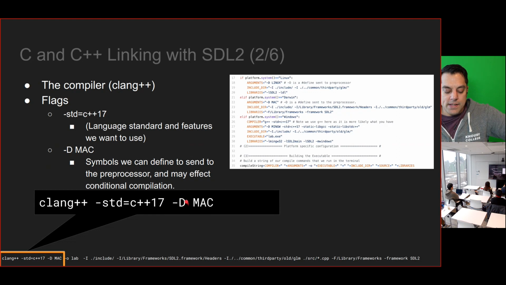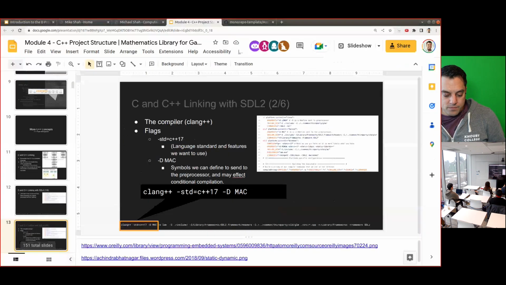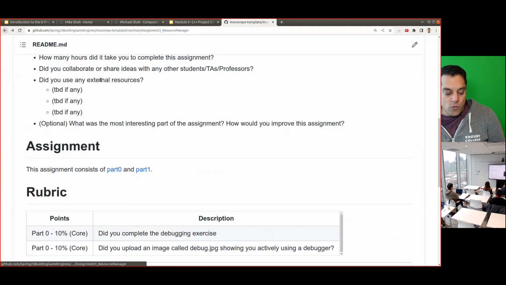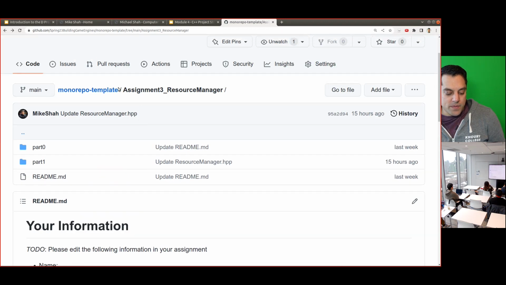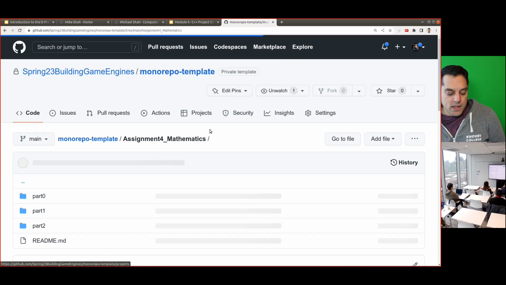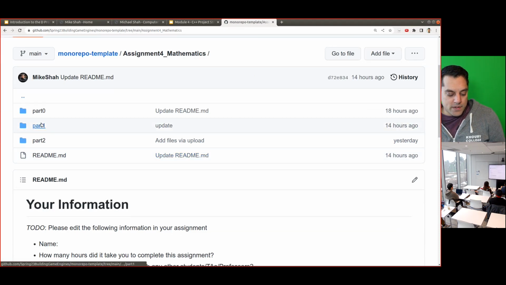And then the -D is a special define flag. I've defined this as Mac, Windows, or Linux. I'll actually show you in code where that's useful, or why that's there. This is my cheat for now for supporting this class for Windows, Linux, and Mac development.